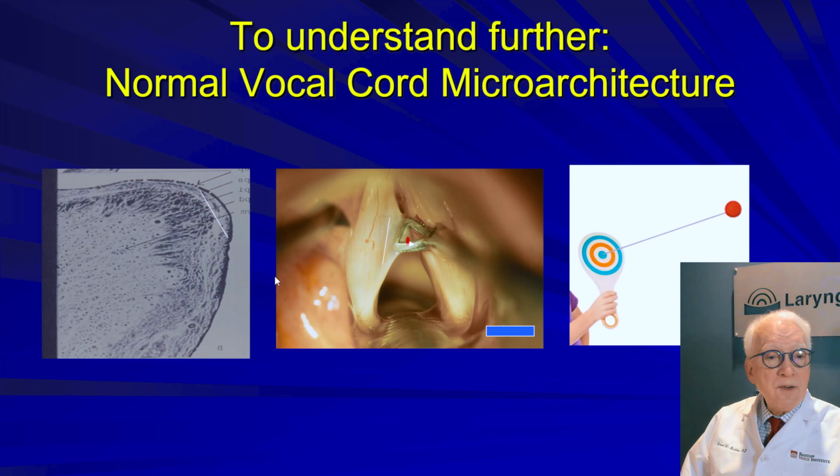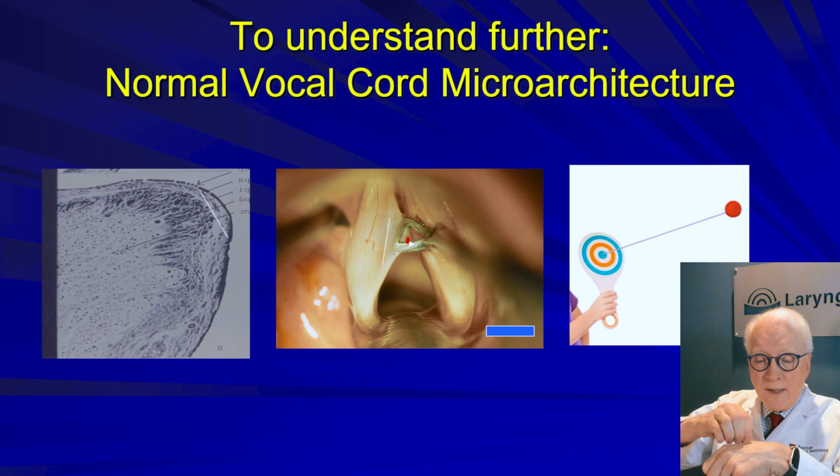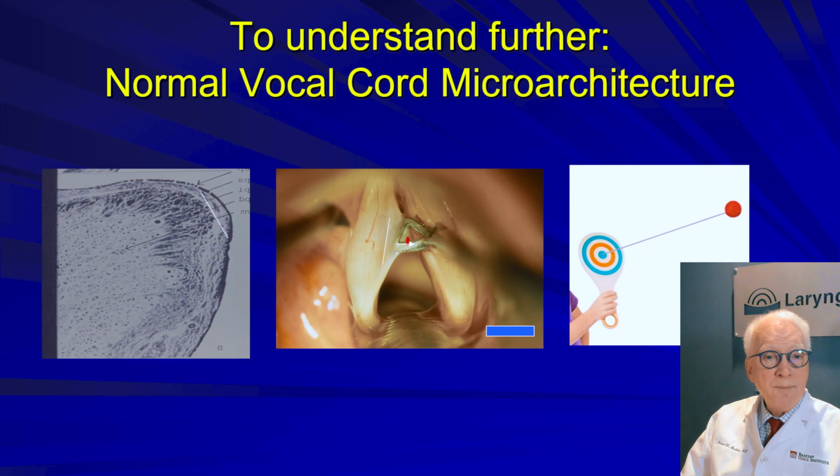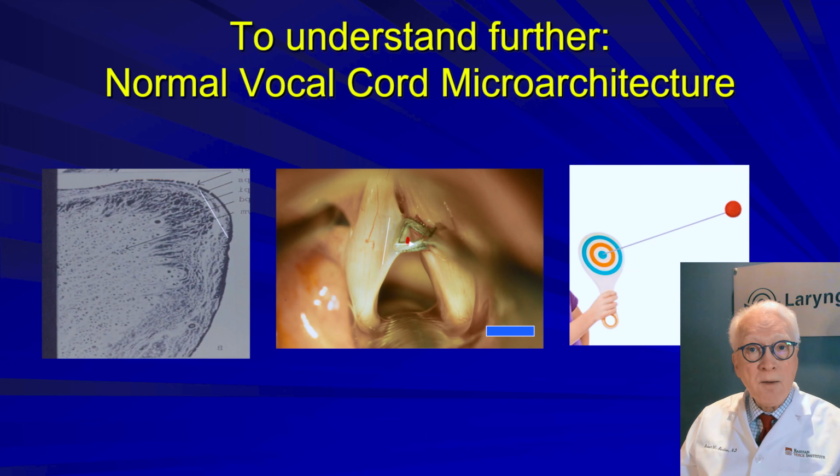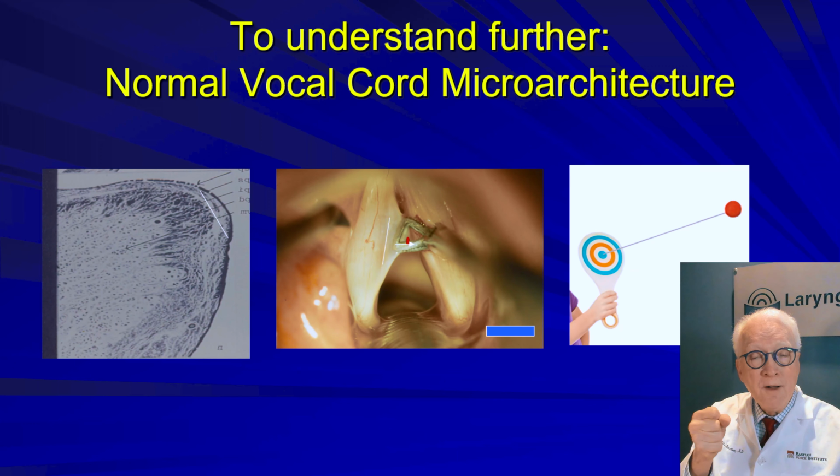And that surface tissue is what can stretch and can vibrate. The ligament and the muscle don't really vibrate, but the surface tissue does, the mucosa. And here I'm showing how deformable it is. So using the child's paddle ball toy as an analogy, the paddle ball doesn't move very much when you bounce the ball.